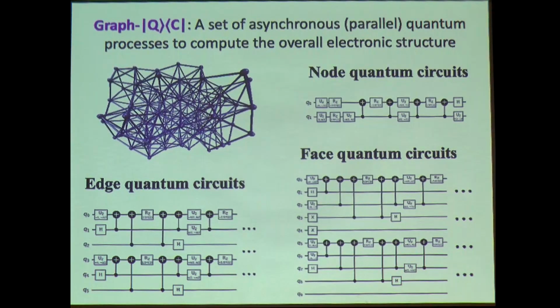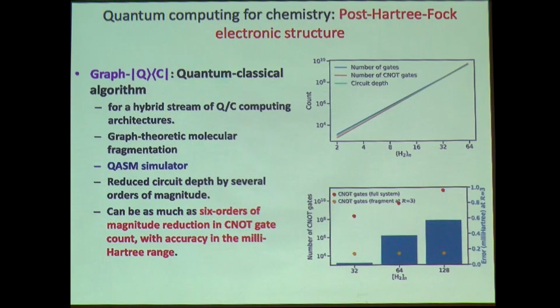So the circuits look very different depending upon the kind of systems you had. The previous slide had circuits for H2 molecules, many of them. This is for water clusters. So the circuits are now derived based on the systems that we're talking about.